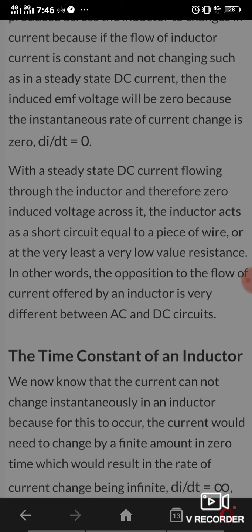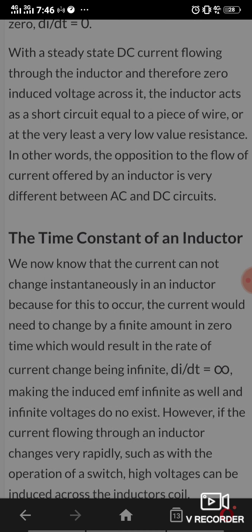The time constant. We now know that the current cannot change instantaneously in an inductor. For this to occur, the current would need to change by a finite amount in zero time, which would result in the rate of current change being infinite, making the induced EMF infinite as well, and infinite voltages do not exist.